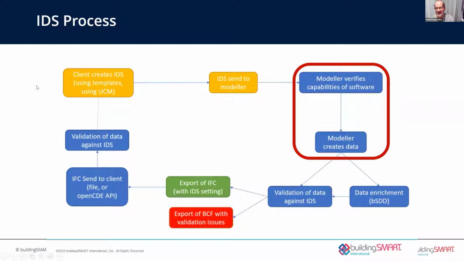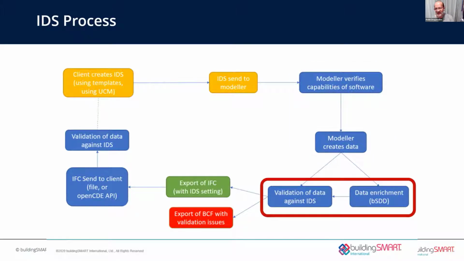Once they've verified that they can do all of that, they then create the model and make sure all the data is in there. Once they finish this, they can use the IDS specification to validate the data they've created against the IDS requirements. And one of the longer term goals of the project is to then allow this data to be enriched from the buildingSMART data dictionary project.